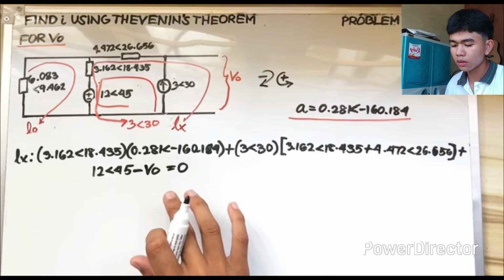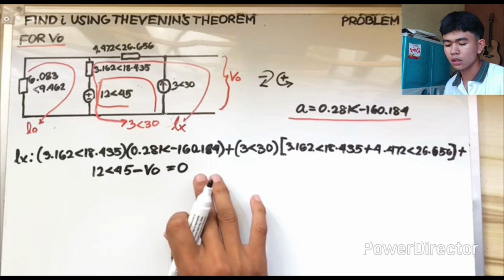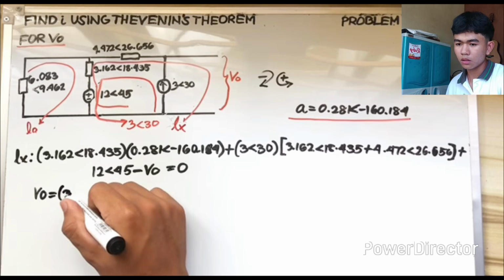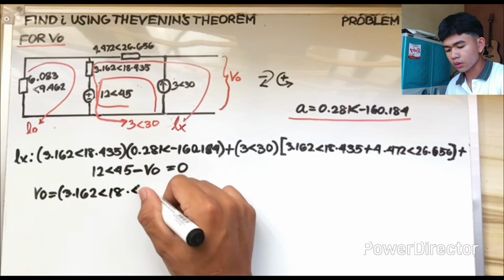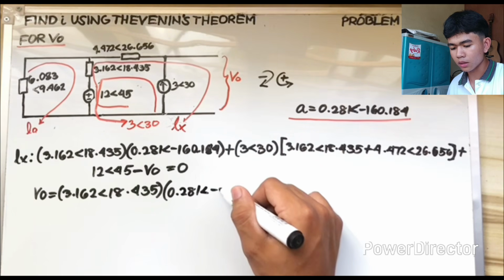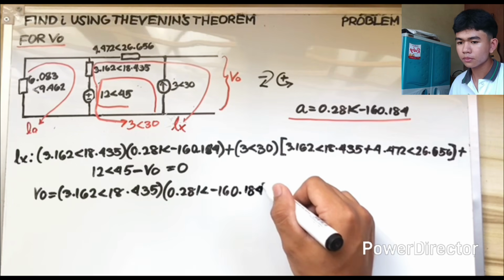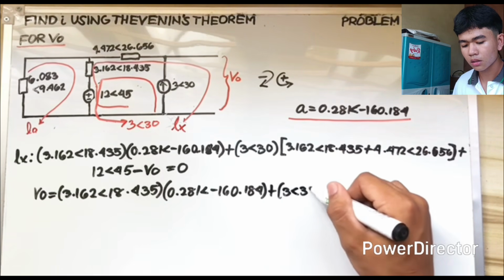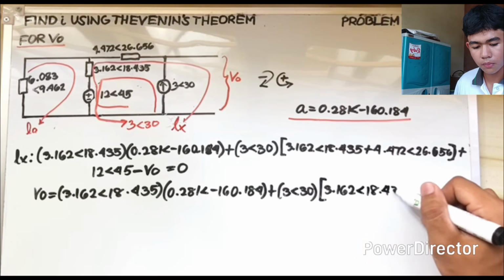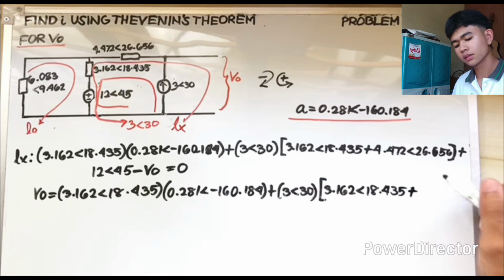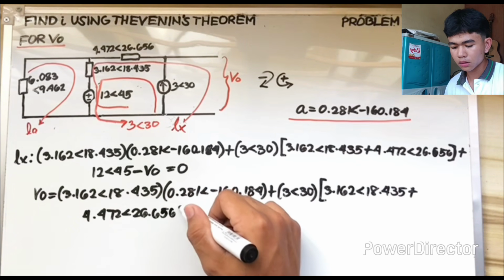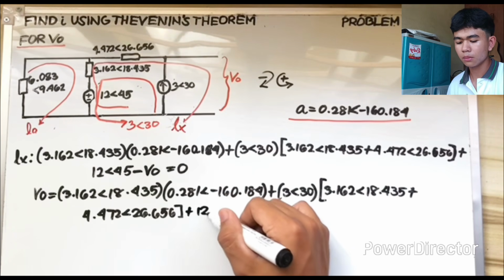Then we can move the V sub O to the right side, so it becomes: V sub O is equal to 3.162 angle 18.435 times 0.281 angle negative 160.184, plus 3 angle 30 multiplied by 3.162 angle 18.435 plus 4.472 angle 26.565, plus 12 angle 45.